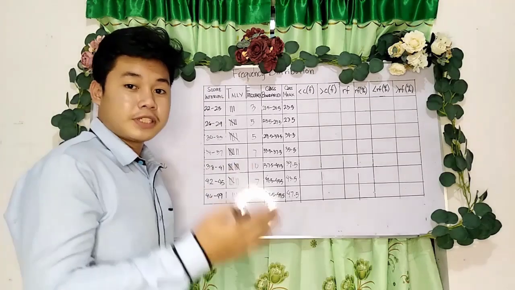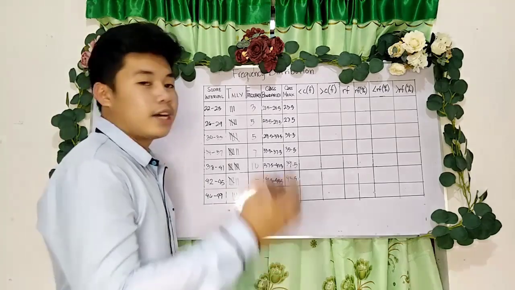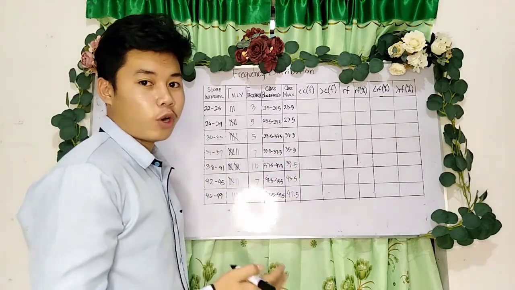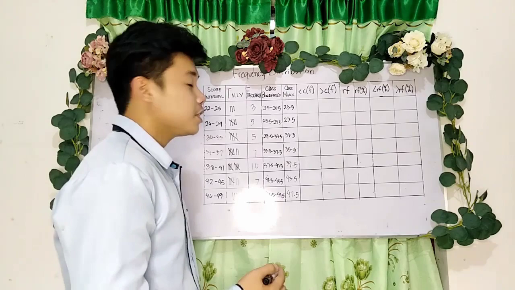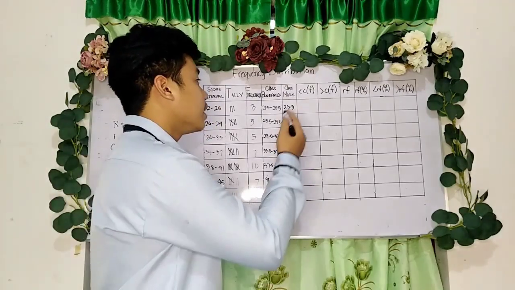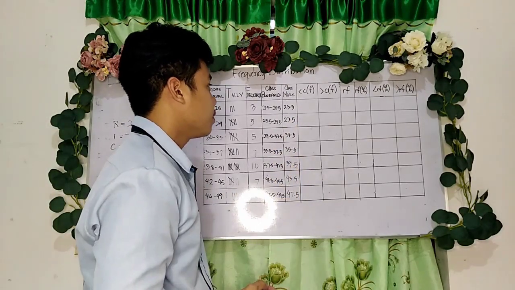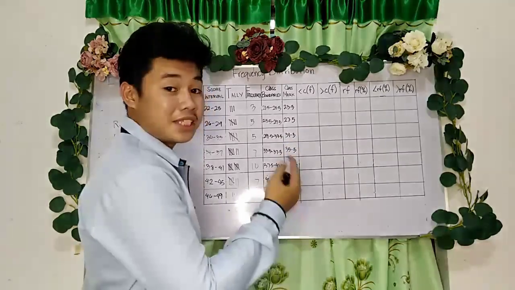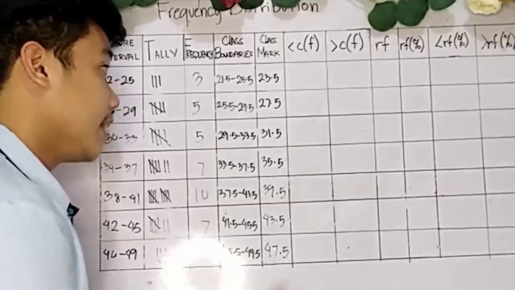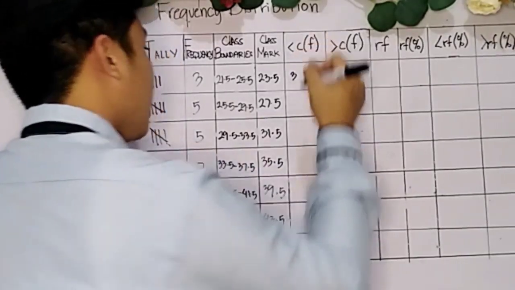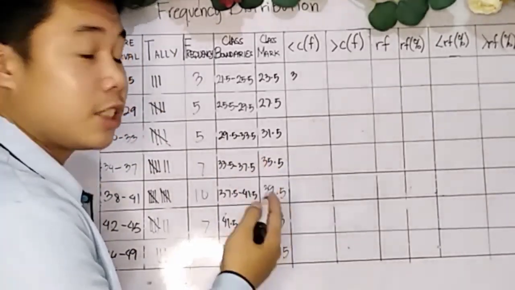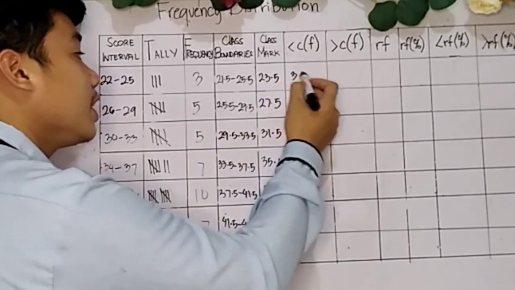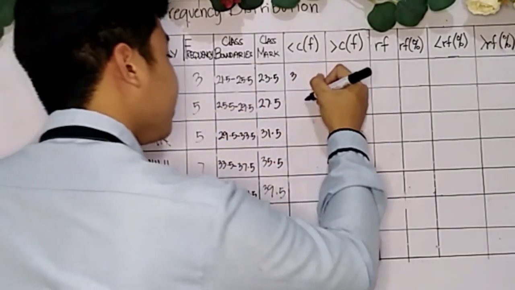So let's proceed to our next part, the less than and more than cumulative frequency. Let's solve first the less than cumulative frequency. By solving this, we just need to copy the preceding frequency, which is 3, and add to the successive frequency, which is 5. So 3 plus 5 is equal to 8.